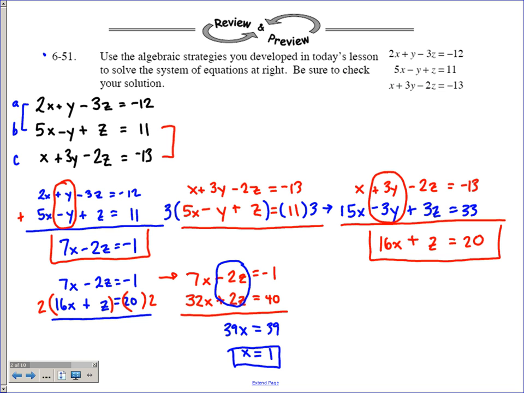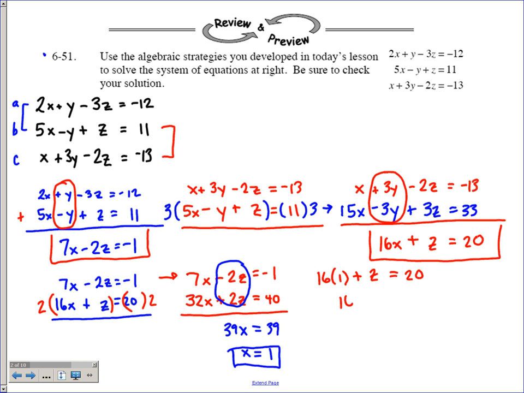So now that I got x equals 1, I can take this, and I'm going to want to use one of these equations that I'm dealing with that has two variables to figure out what z is. I'll plug it into this one here. Let's say 16 times 1 plus z equals 20.